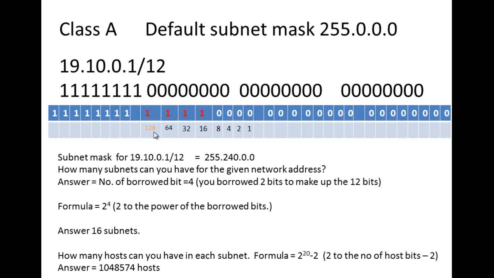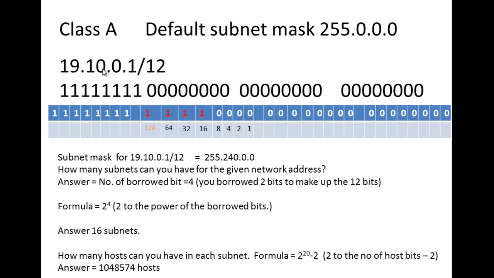So that would be 128 plus 64 plus 32 plus 16 would give you 240 for the second octet here. So the subnet mask for this address is now 255.240.0.0.